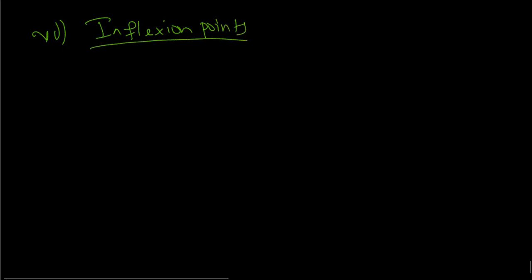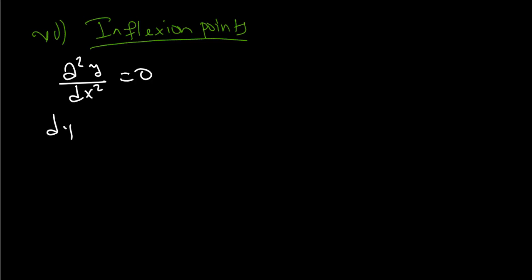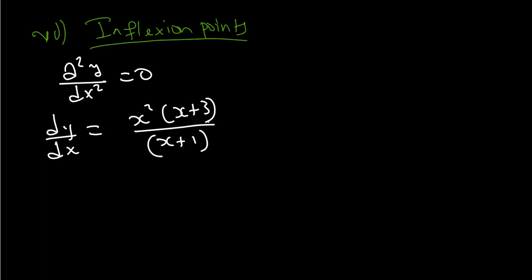To obtain the point of inflection, we solve the equation d2y on dx squared is equal to 0, but we know that dy on dx is equal to x squared into x plus 3, all of this divided by x plus 1, all of that cubed.